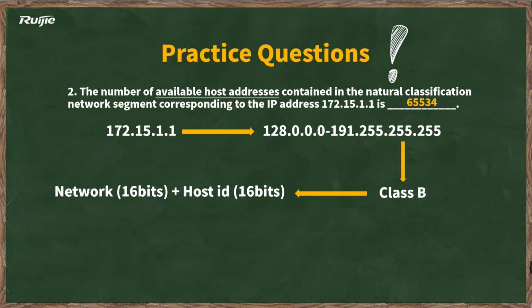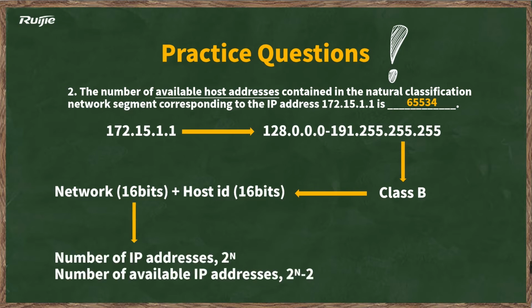What does host address count mean? It depends on the host ID length. If the host ID length is n, the number of IP addresses is 2 to the power of n. And for available IP addresses, we calculate 2 to the power of n and then minus 2, because one is the network address and the other is the broadcast address.